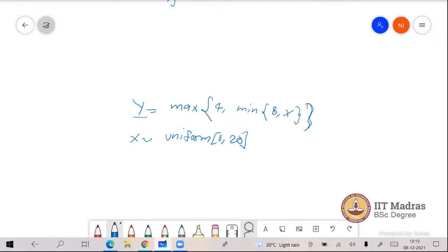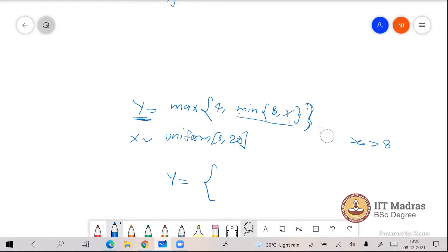Okay, you just convert this into a nice form. Y is going to be the maximum of this thing, so the minimum of 8 comma x.